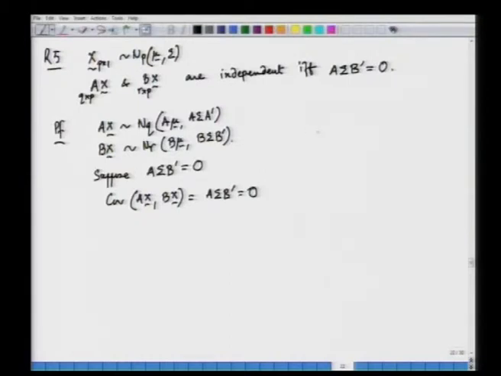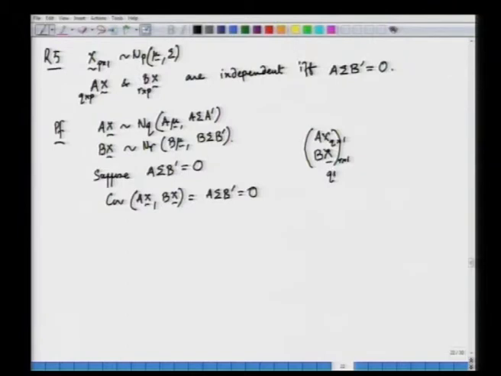Now, what is happening here? Let us see if I augment Ax and Bx. Ax is q dimensional and Bx is r dimensional.